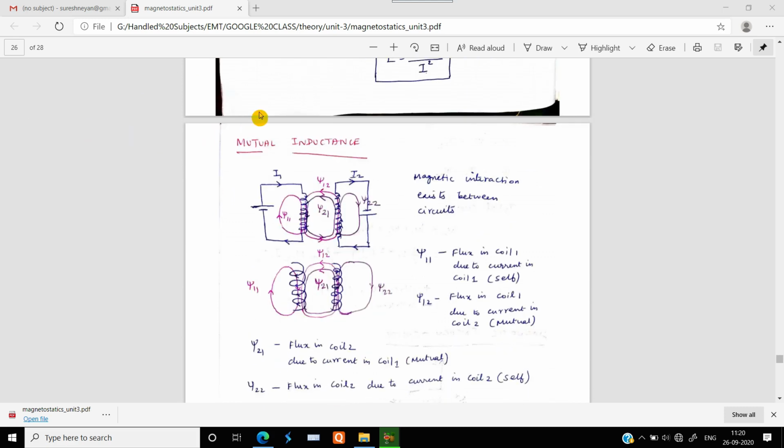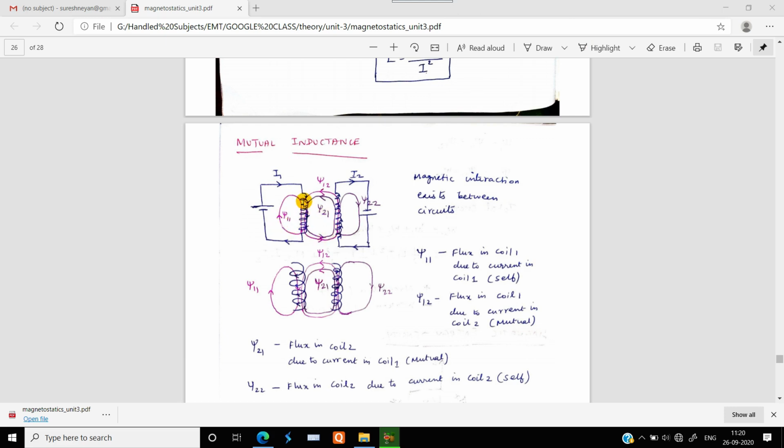So the mutual inductance can be represented by this diagram. Here we are having two coil arrangements. The two coil arrangements are separated by an air medium. Since these two coils have been separated by an air medium, we will be having flux linkage between these two coils.